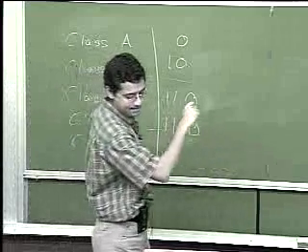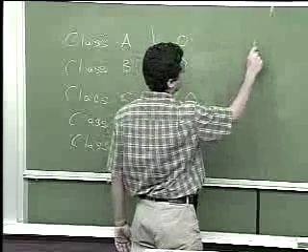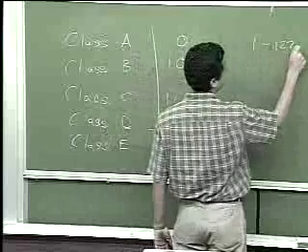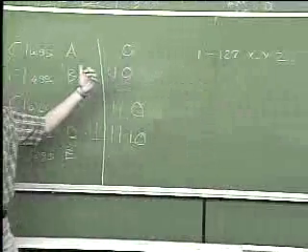So any address which had 1 to 127.x.y.z was a class A address.